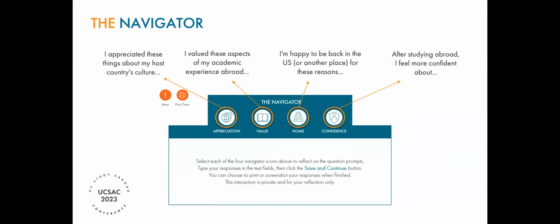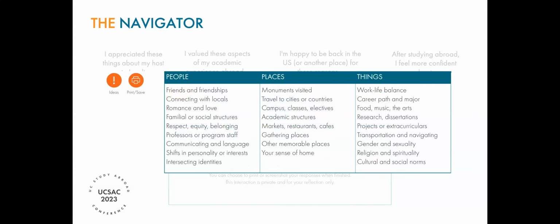This activity can give ideas for topics to think about. If they click on ideas, they get this pop-up, and they see topics like friendships, family structures, cultural norms, their identities, their courses, academic culture, their internship or research projects. That allows them to think about the topics, and it helps generate more thoughts.